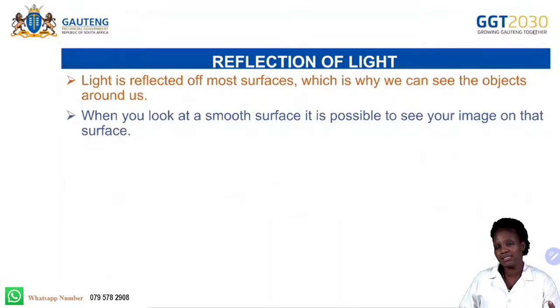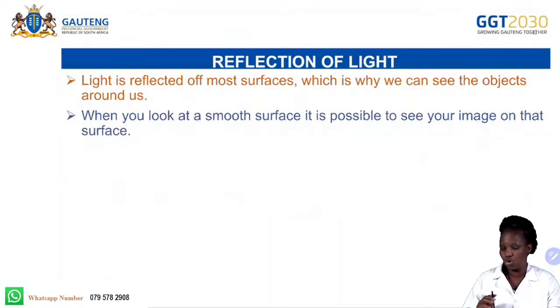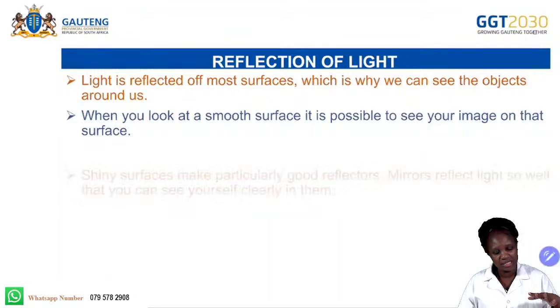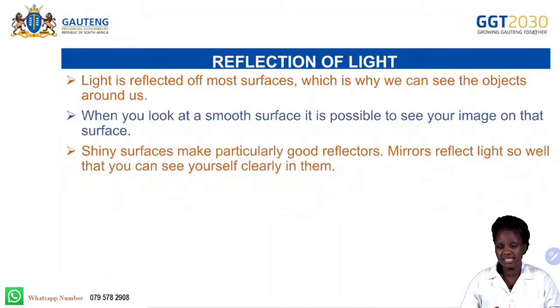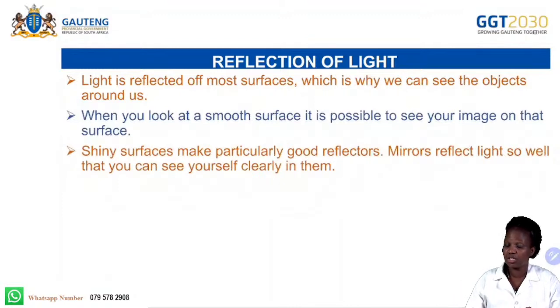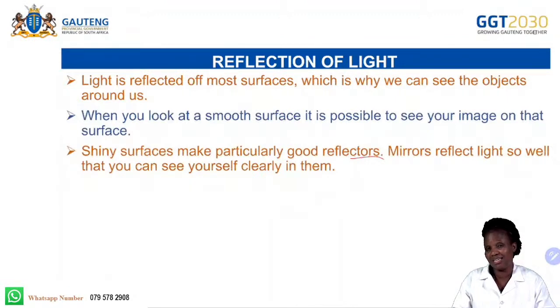When you look at a smooth surface, it is possible to see what? To see your image on that surface, because it is a what? A smooth surface. Shiny surfaces make particularly good reflectors. Mirrors reflect light so well that you can see yourself clearly in them.